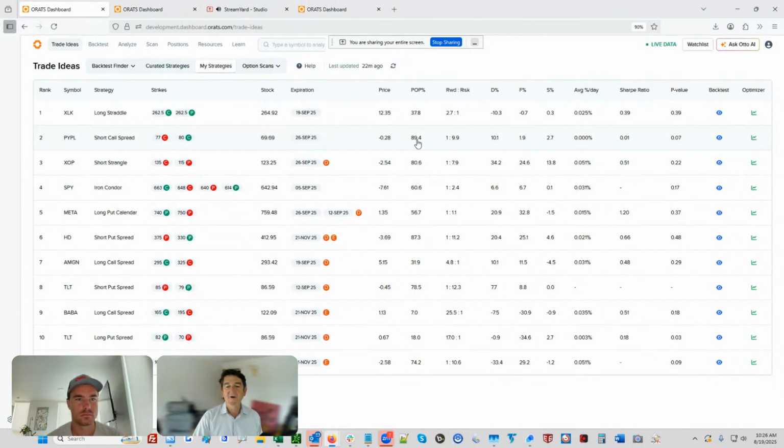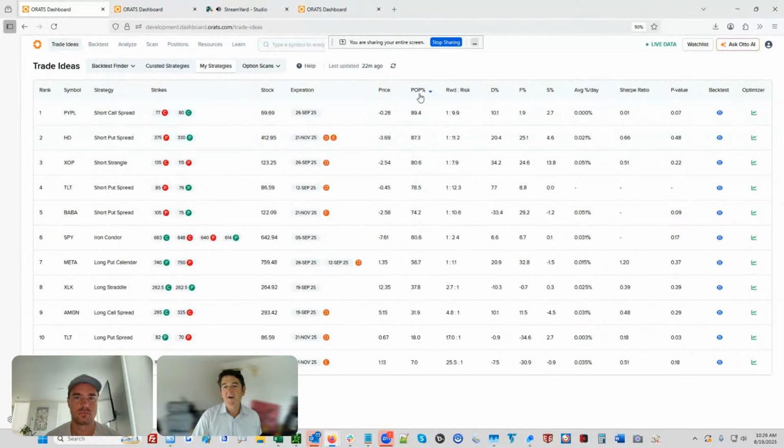What you want to find is a high probability, so this one would probably be the least risky. This kind of looks like the better one from a risk-return versus probability of profit standpoint. I do that sometimes when I'm trying to find a good strategy. This one only has a 7% chance of happening, but you get a 25.5 to 1 return on it.